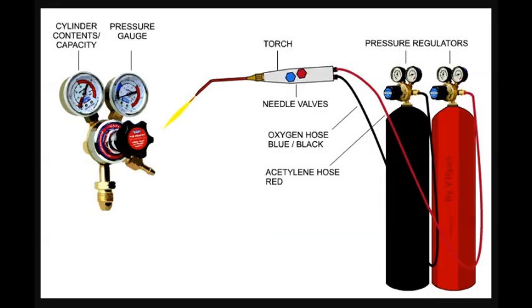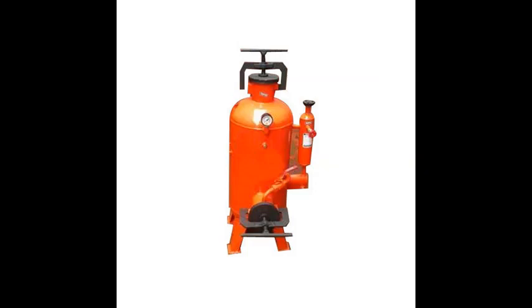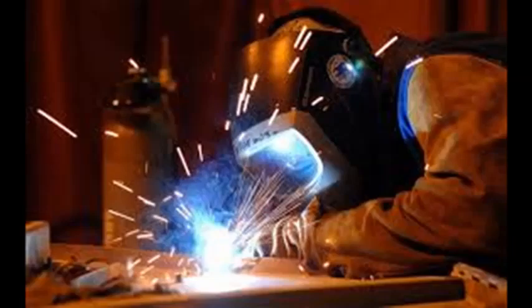The acetylene is taken out of the generator with the help of a pipeline as shown in the figure. The generator is permitted to produce acetylene at a much safer pressure of 100 kilopascal. So this was the detailed information on the acetylene generator.